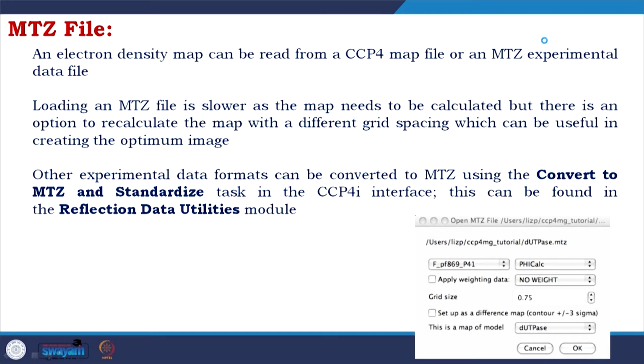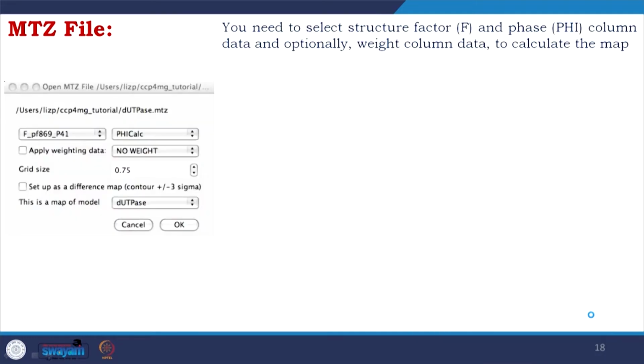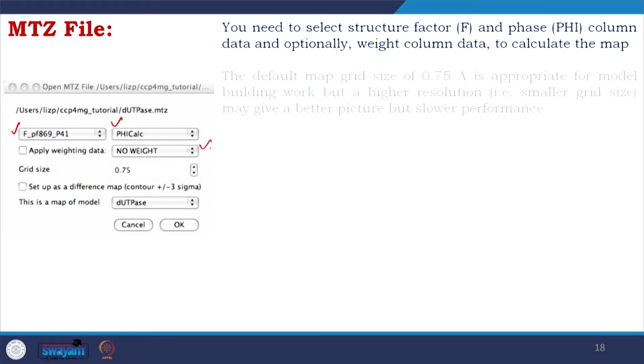This is the representation. If you look at this window, that is how the window appears when it has to read an MTZ file. Going here, you need to select the structure factor, the F, and the phase column data, and optionally weight column data to calculate the map.